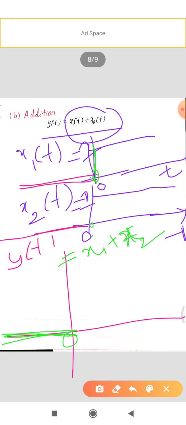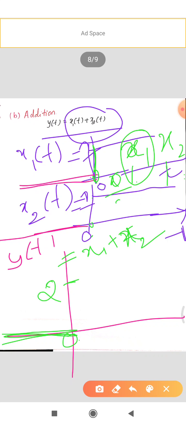At 0, first signal x1 is 1. What about x2? At 0, x1 is 1 and x2 is also 1. What about y then? x1 plus x2, 1 plus 1 is 2. At 0, you get a magnitude of 2.